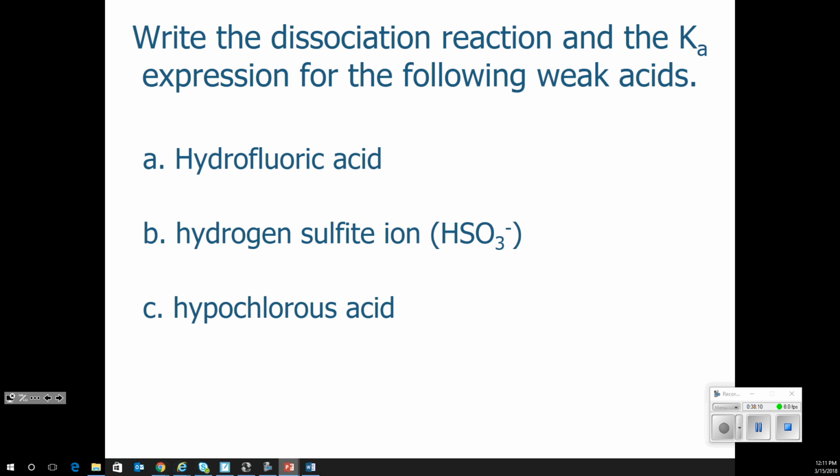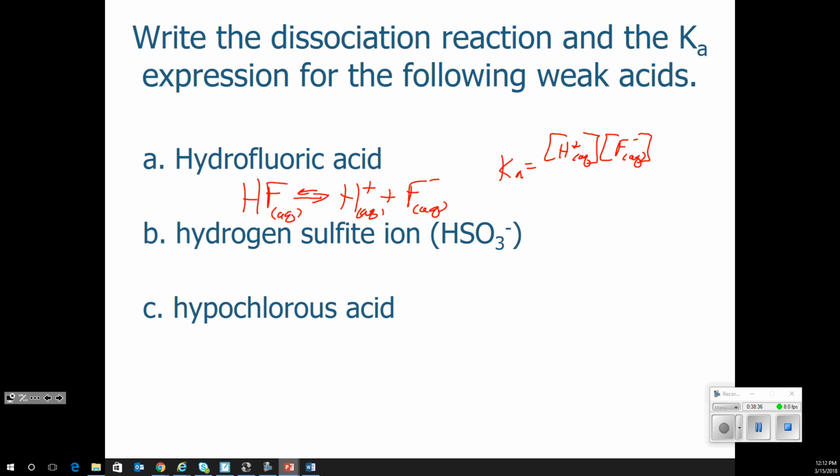Okay, so we should be able to write a Ka for any of these. So hydrofluoric acid, HF, goes to H plus and F minus. These would be aq, aq. This would be aq, but it really won't go much. And remember, our Ka is just the products to their exponents over the reactants.